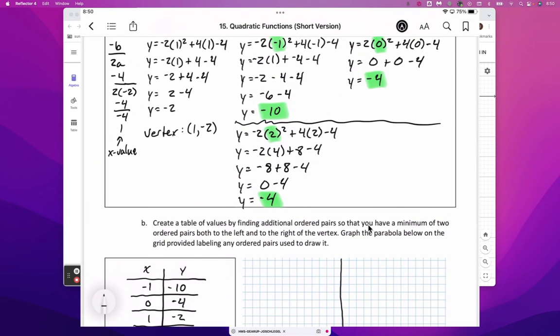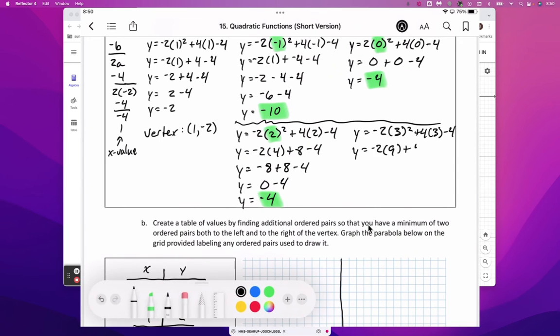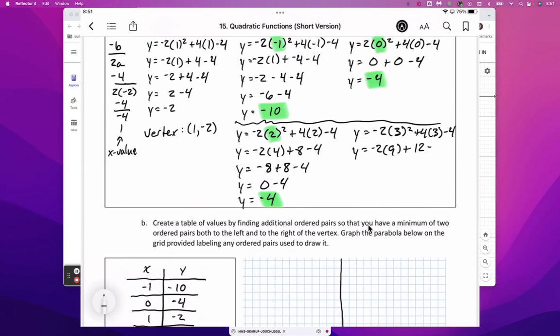And lastly, our x value of 3. We've got negative 2 times 9 plus 4 times 3, which is 12, minus 4, and that gives us negative 18 plus 12 minus 4.